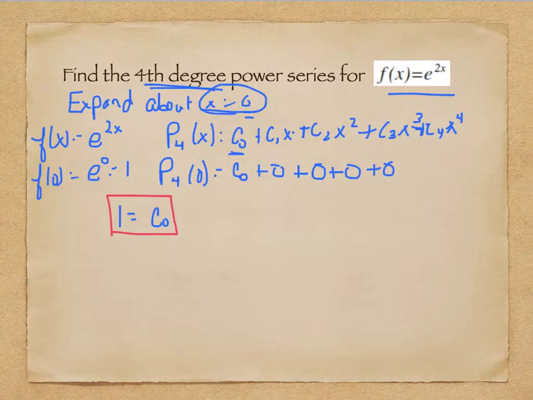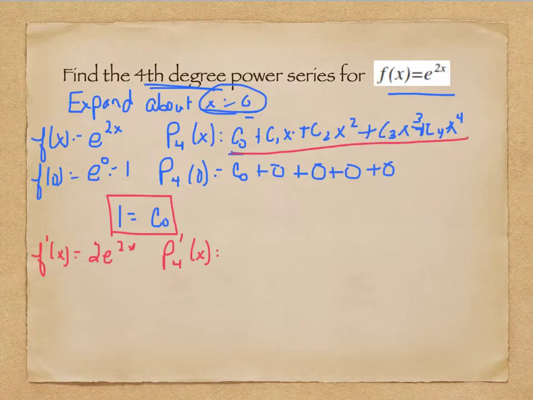Now we're going to look at the derivatives. If I take the derivative, f prime of x, I get 2 e to the 2x. And if I do p4 prime of x, taking the derivative of this, the derivative of c sub 0 would just be 0. c1 x would be c1. The next one would be 2 c2 x, and then 3 c3 x squared, and 4 c4 x cubed.